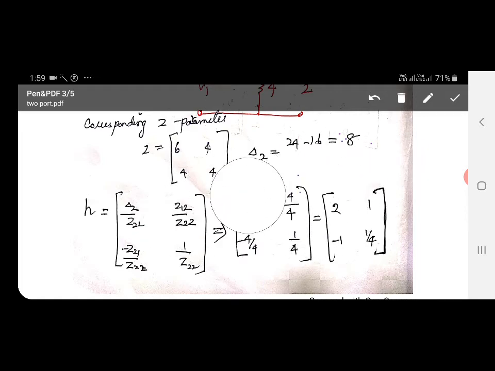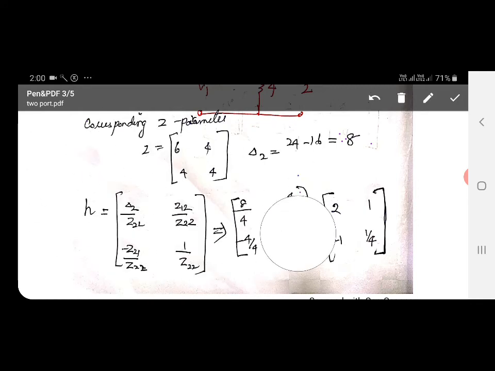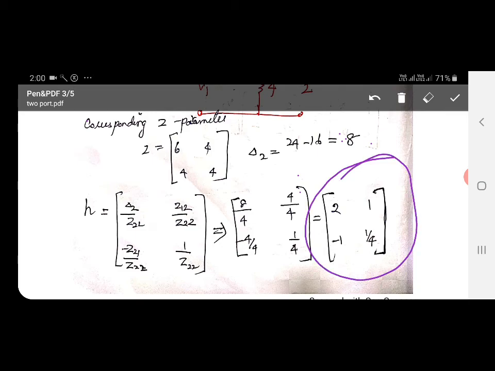This is the standard table required to obtain Z to hybrid. H is del Z by Z22, Z12 by Z22, minus Z21 by Z22, and 1 by Z22. Substituting the values, we obtain the H parameter matrix as 2, 1, minus 1 and 1 by 4. This is the way to obtain the equivalent hybrid parameters.